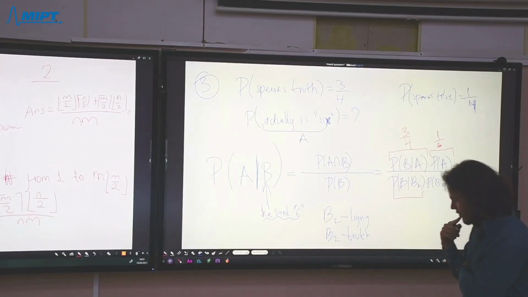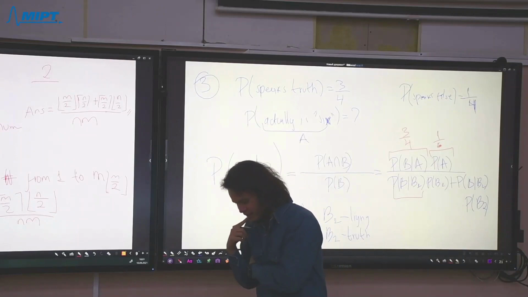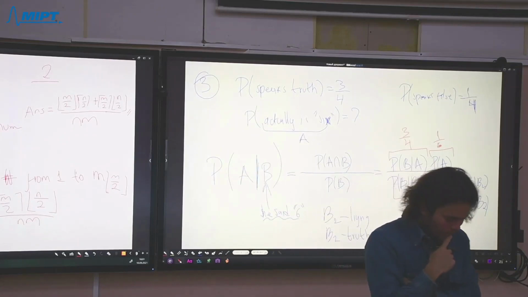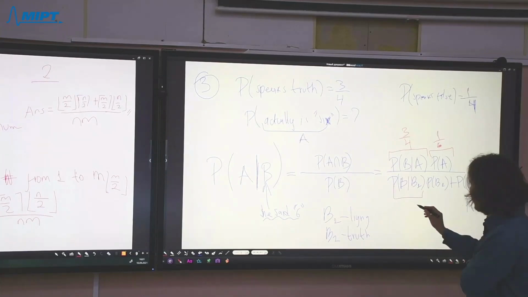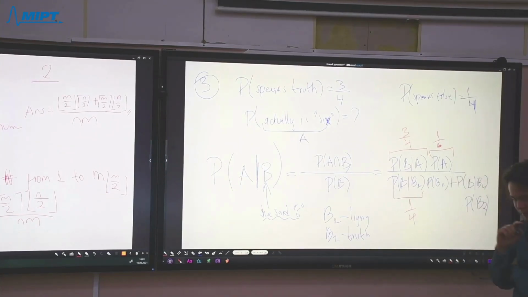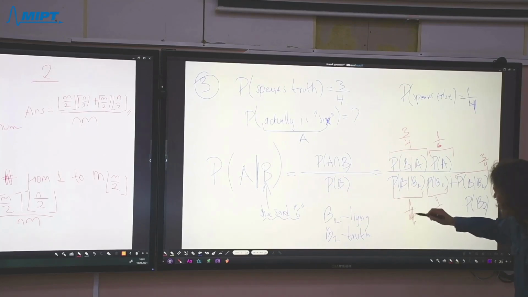The probability that he says 6 if he's lying. So that would be this, 1/4. This is something else.